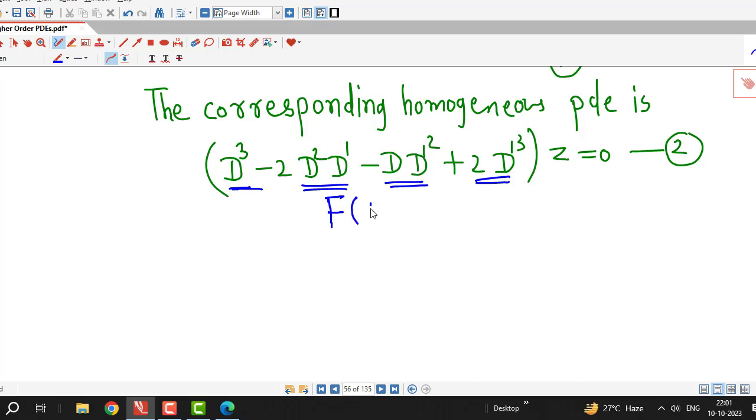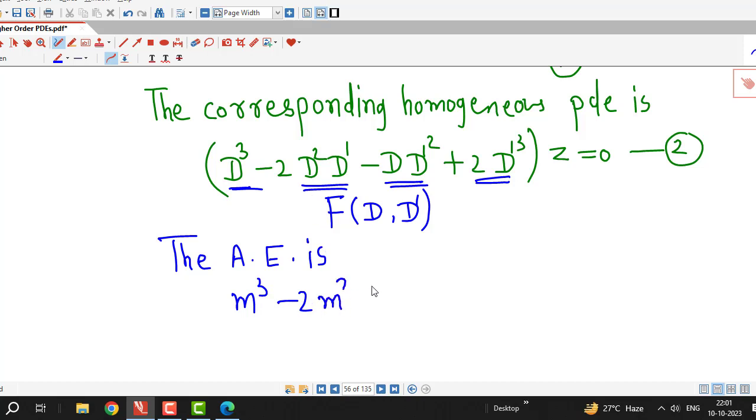Here f(D, D dash) is a homogeneous function of degree 3, and if it is homogeneous, we can write the auxiliary equation by replacing D by m and D dash by 1.